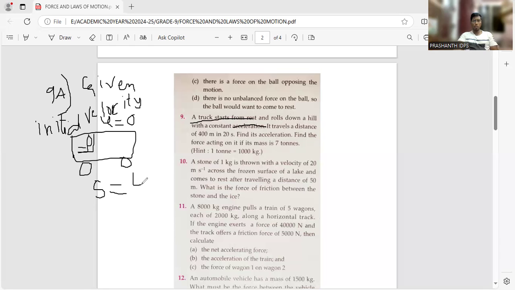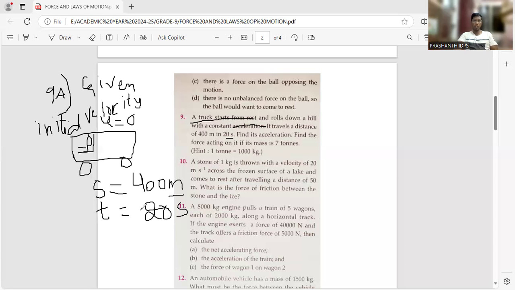So s equals distance, 400 meters, and we need to check the units also. 400 meters is the standard SI unit, right? And after that, time, how much time? In 20 seconds, time is given as 20 seconds. So both are SI units, so we need not convert the units. Now what is he asking? We'll see one more. Find the acceleration, and find the force acting on it.